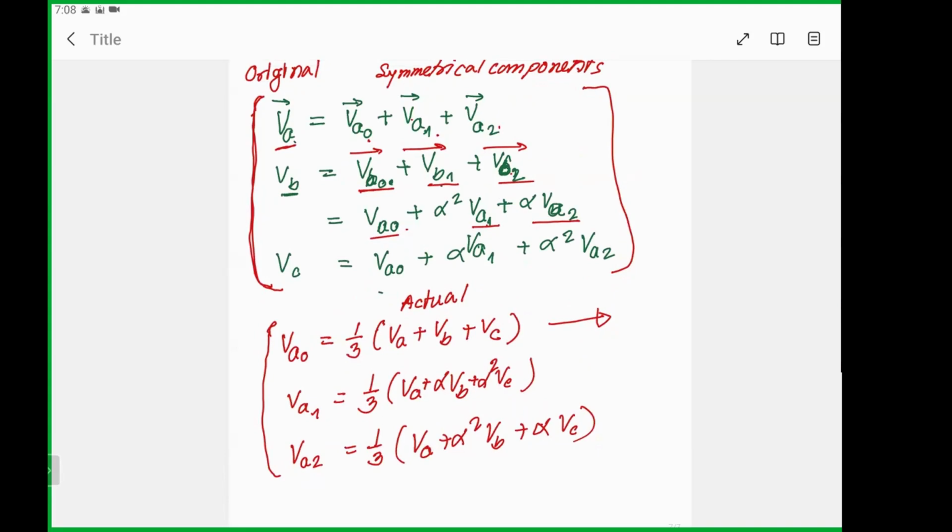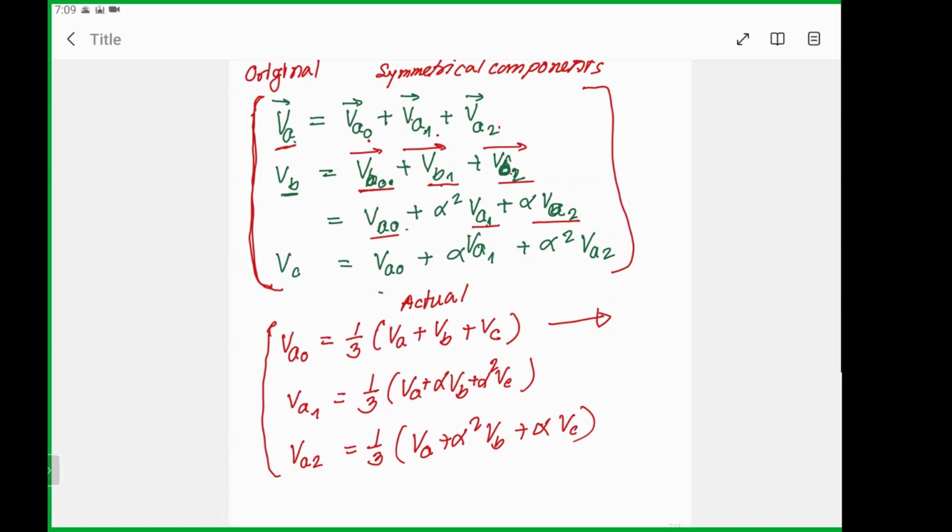That means the zero sequence symmetrical component is expressed in terms of the three unbalanced voltages. Okay, so these are the formulas we will be using to do that problem.